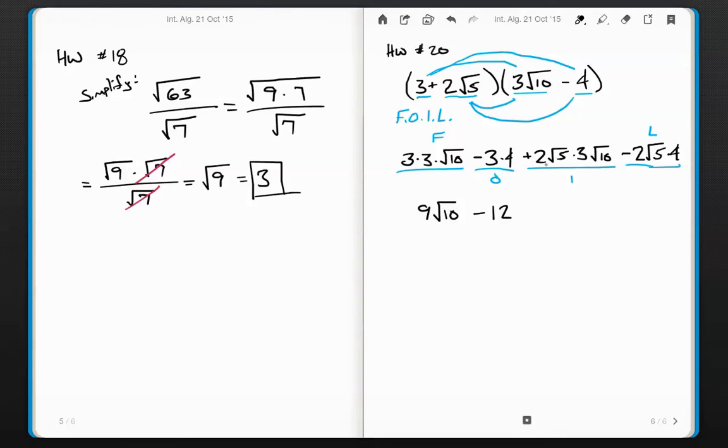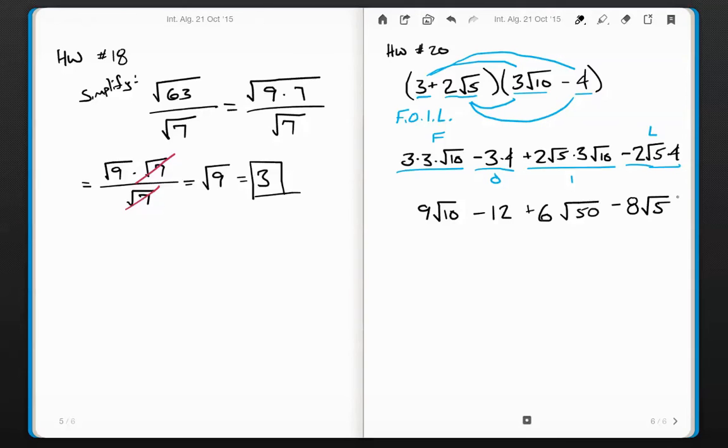And this is, let's see, 2 times 3 is 6. I can multiply these in any order I want to. And remember, I can treat these just like an exponent. Root 5 and root 10 is root 50, and then minus 8 root 5.